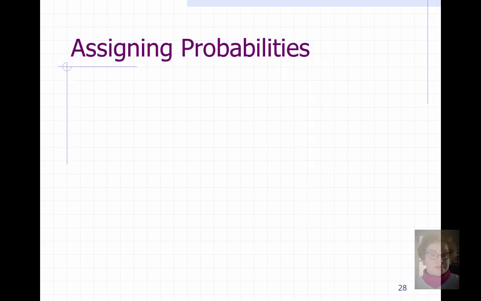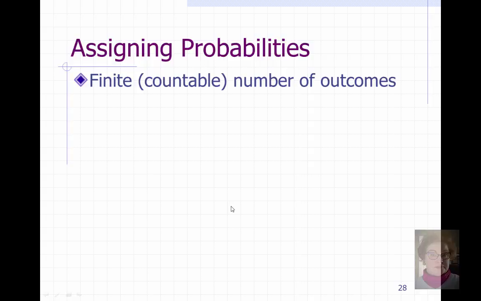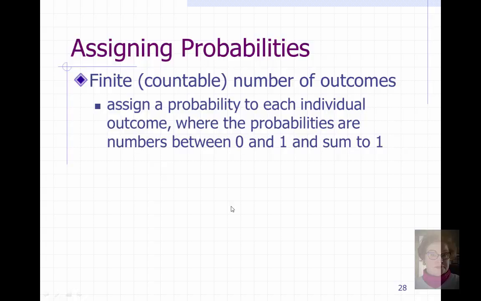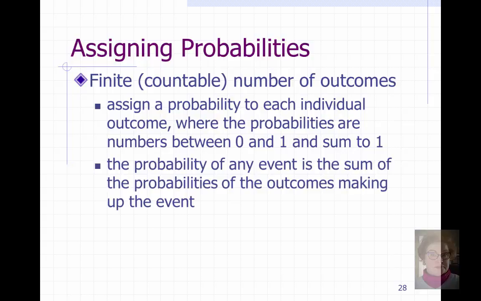And when we did our M&Ms project, that's what happened. We're going to look at that when we do our activities. So we assign a probability for each individual outcome, and the entire probability model, all the probabilities have to add to 1.